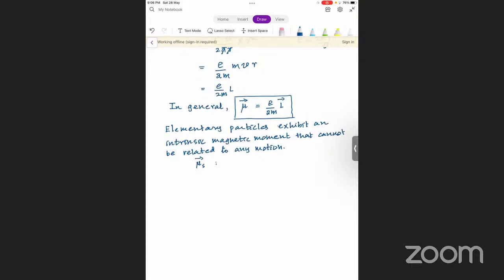This is intrinsic to the particle. When I say magnetic moment, I mean magnetic dipole moment.